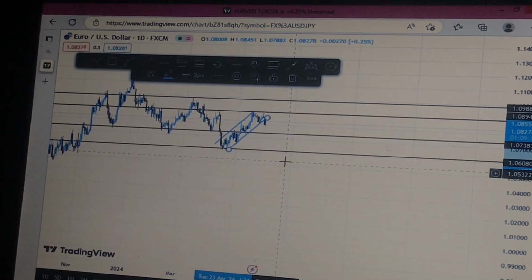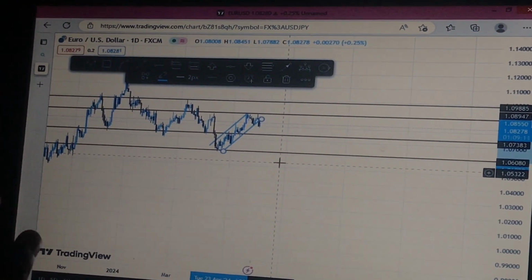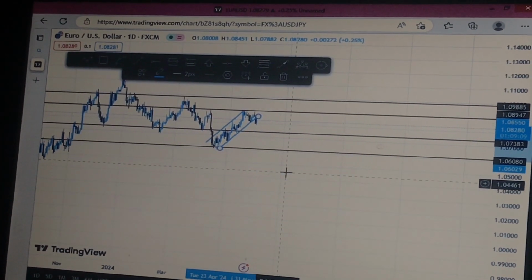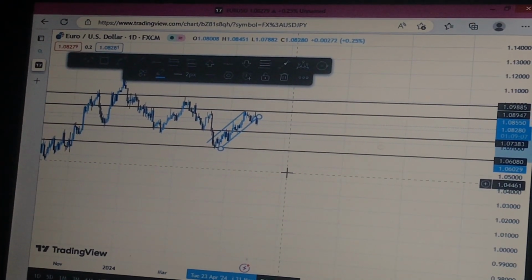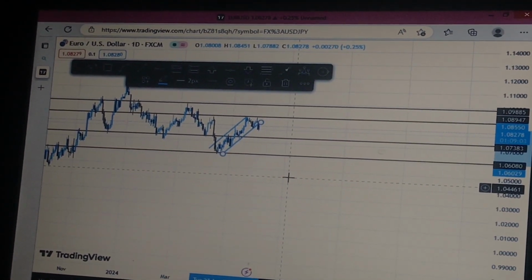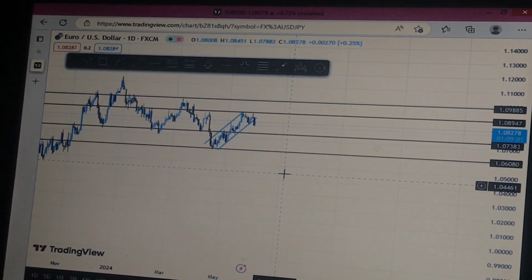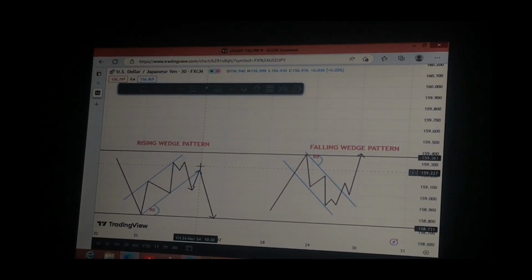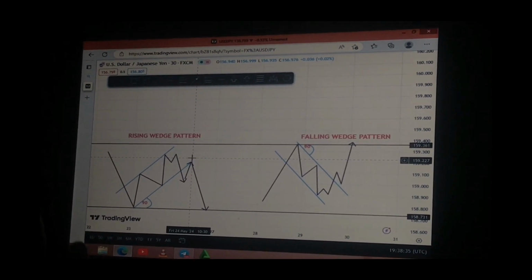See, this is a falling wedge pattern. I'm gonna make a clip explaining what a falling wedge pattern is. This is a rising wedge pattern, so I'm gonna make a clip explaining what a rising wedge is and how to trade a rising wedge.